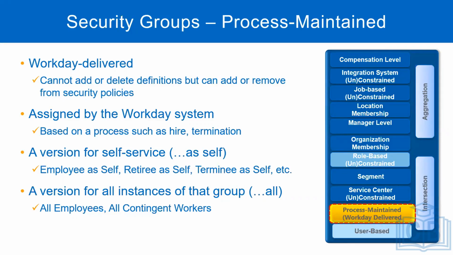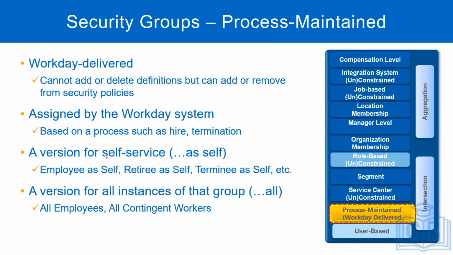Now what happens in a process maintained security group? Based on process, Workday itself will assign the members, such as employee as self, all employees. What are the two types of process maintained security groups? Two versions.